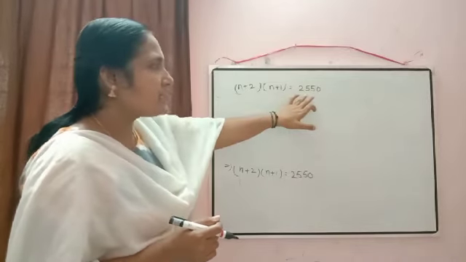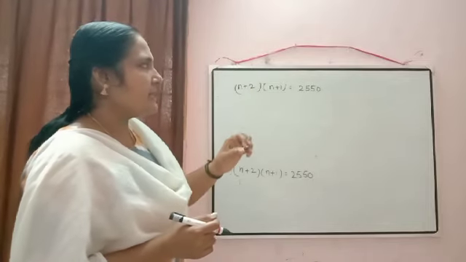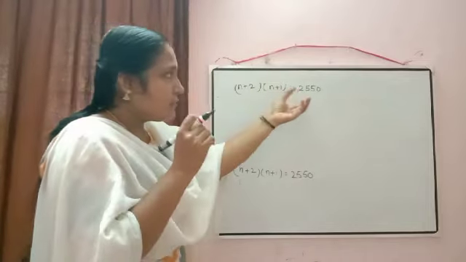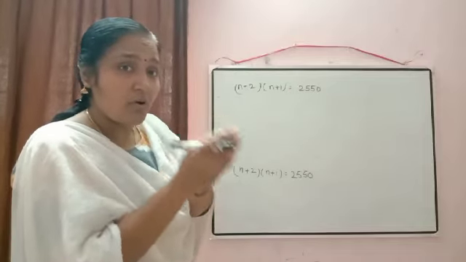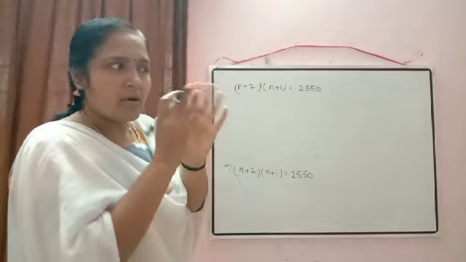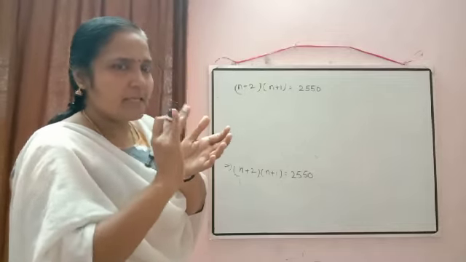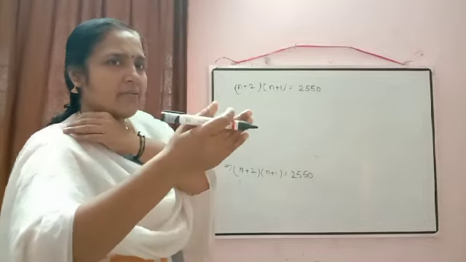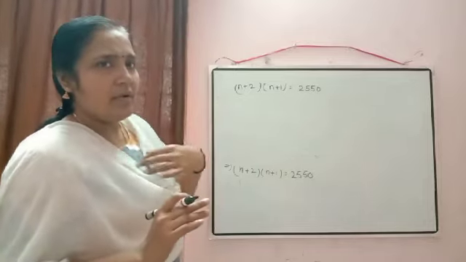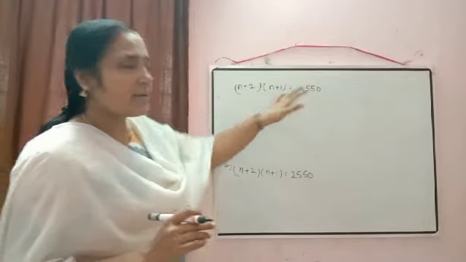So for the right hand side, whatever number is there, we'll arrange it in such a way that we get 2550 as the product of two consecutive numbers only. Consecutive means one by one, like 3 into 4, 6 into 7, 11 into 12, 100 into 101. They are called consecutive numbers. Okay, so for that what we can do is just factorize it.